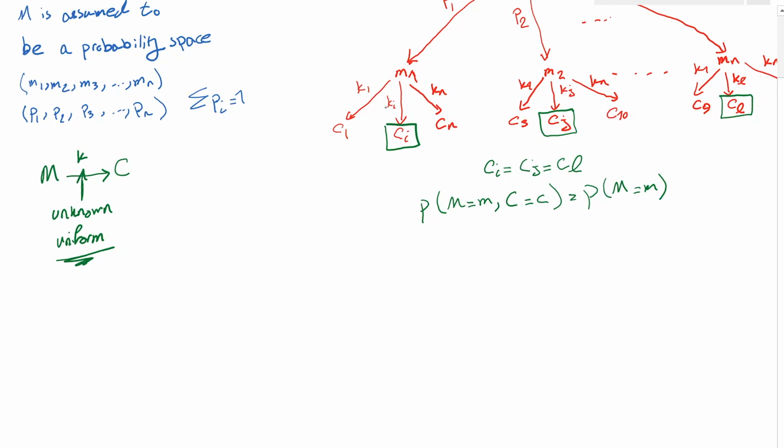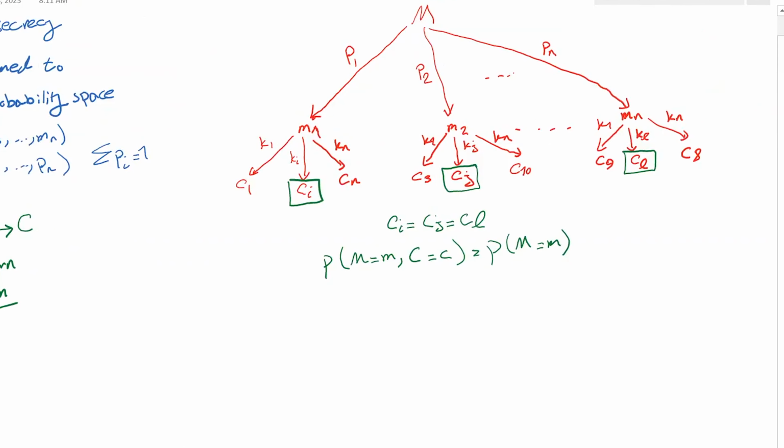That is, every key can be selected by the user with equal likelihood, with equal probability. And if that happens, again, the computational power that the adversary would have doesn't really help, because every key has equal likelihood to happen. So basically, all the adversary will learn goes back to the distribution of the message space itself. So it wouldn't really help.